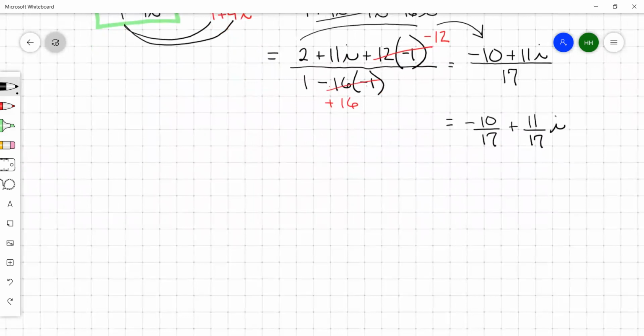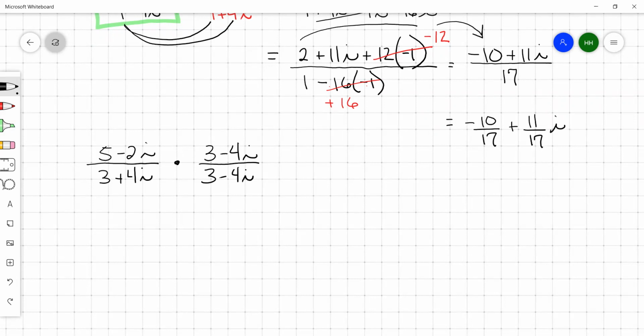Let's say you got 5 minus 2i, and you're dividing by 3 plus 4i. All right, now you got to multiply the numerator and the denominator by 3 minus 4i. You multiply the numerator and the denominator by the opposite of what's down here in this denominator.